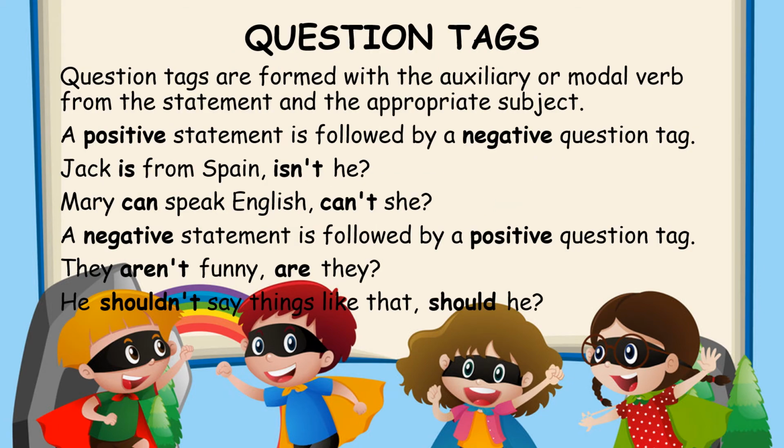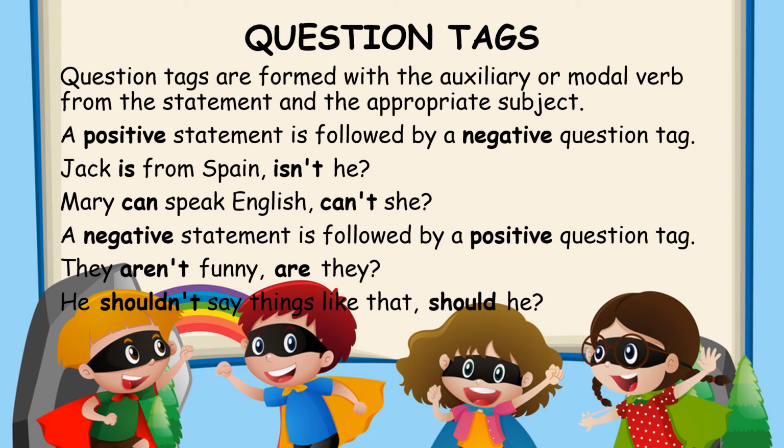Question tags are formed with the auxiliary or modal verb from the statement and the appropriate subject. That means after the sentence, when you put a question tag, you have to put the auxiliary verb or the modal verb first and then the subject from the sentence. A positive statement is followed by a negative question tag. So if the sentence is positive, the question tag will be negative.